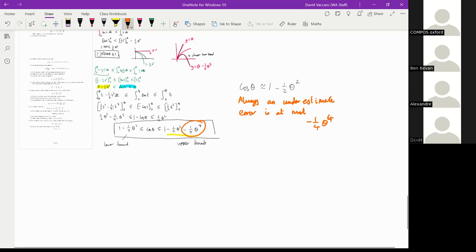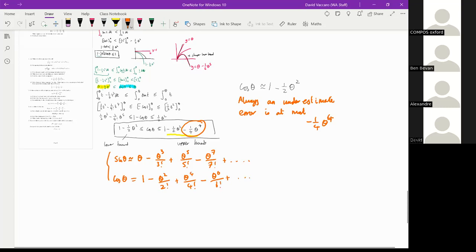If you were to continue this estimation process, then our estimate for sine theta would be theta, then minus theta cubed over 3 factorial, then plus theta to the 5 over 5 factorial, then minus theta to the 7 over 7 factorial, and so on. And our estimate for cos theta is 1 minus theta squared over 2 factorial, plus theta to the 4 over 4 factorial, minus theta to the 6 over 6 factorial.